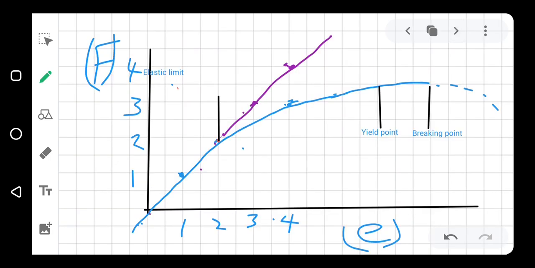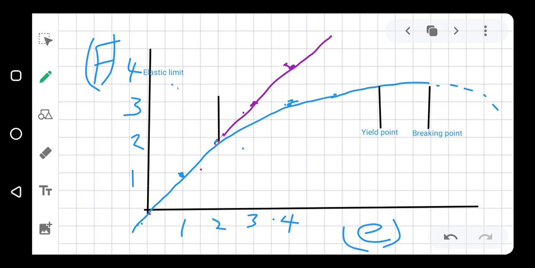Now this is a graph that shows how elastic materials behave when a load or a force is applied to them. Like when you get your spring or your rubber and you start putting different loads on it, maybe you start from 2 newton, then continue increasing the load.